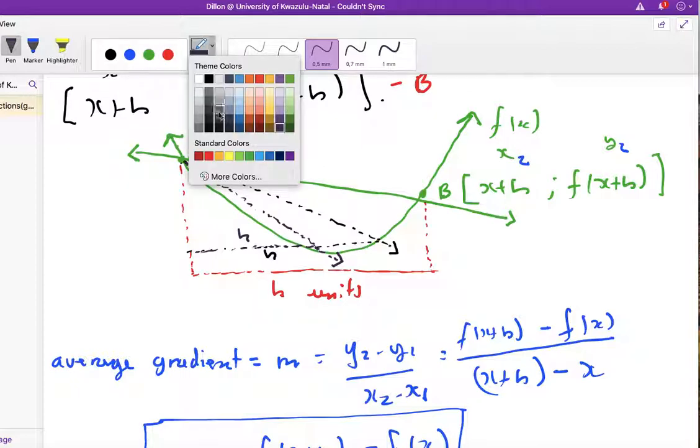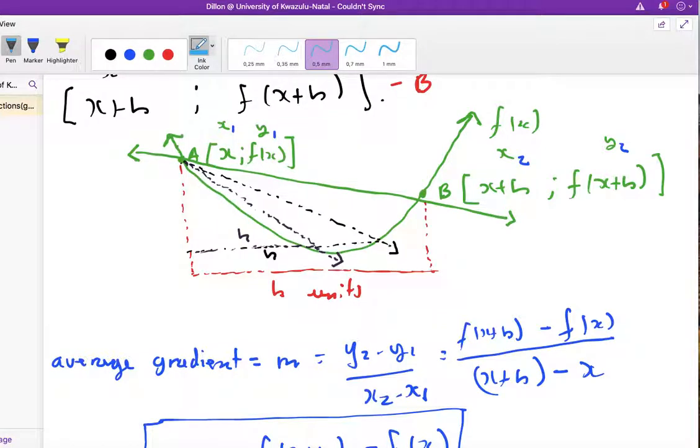Let's use another color, light blue will work, up to here, let's say. And as you can see, that h is smaller than the other h's. If we continue this process, we make h very small.